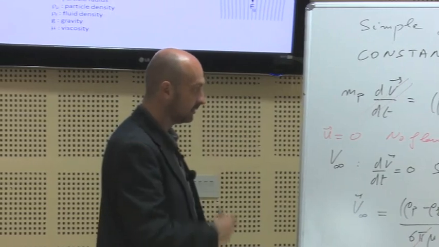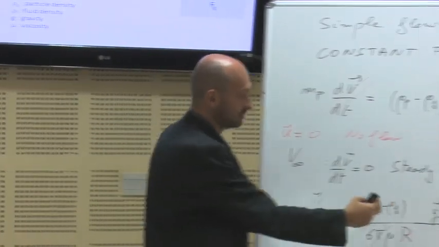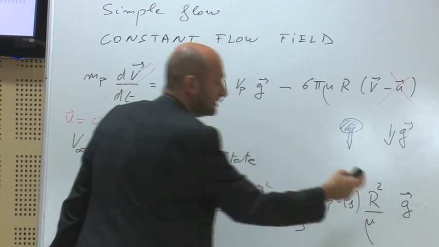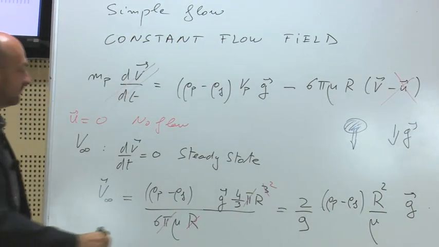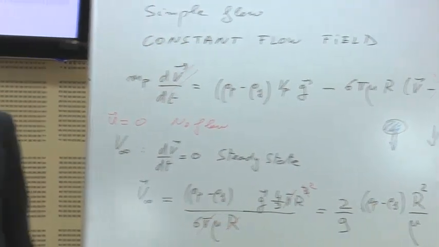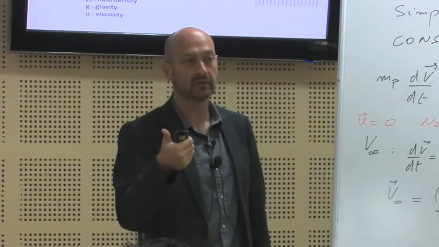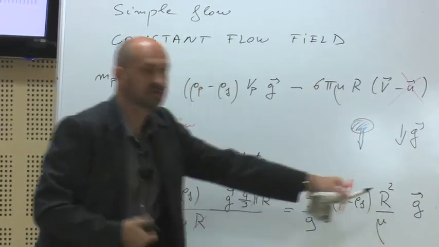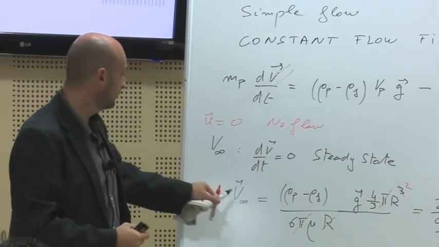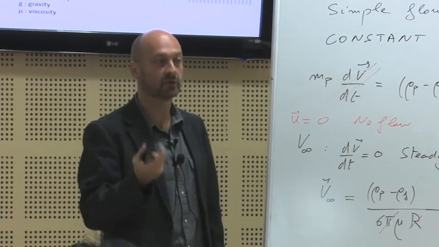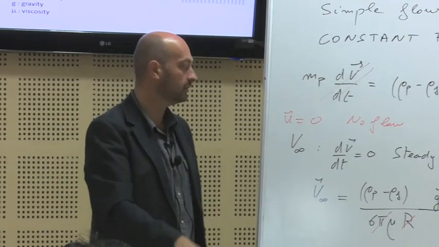Of course, if rho p is larger than rho f, this is positive, so the velocity will be along g, going down. If rho p is lower than rho f, for example for a gas bubble in a liquid, rho p is 1 kilogram per cubic meter and rho f is 1000, so that will be negative, and then minus g is upwards. So this equation is valid for the intensity of the velocity, but also the sign, whether it's going down or going up.